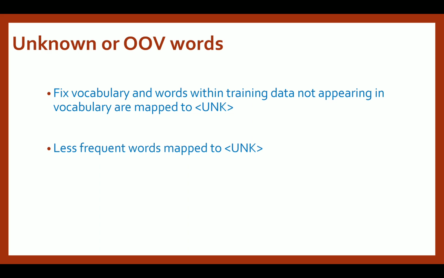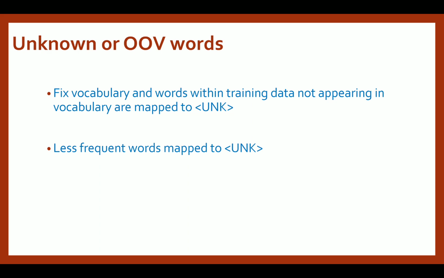But if you don't have a fixed vocabulary and you are creating your own data or corpus, you can first look at the frequencies of all the words, and then choose a threshold: if words appear fewer than 5 times or 10 times, you put them into the unknown category, and the rest stay as whatever words they are.